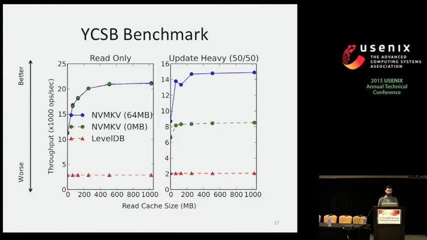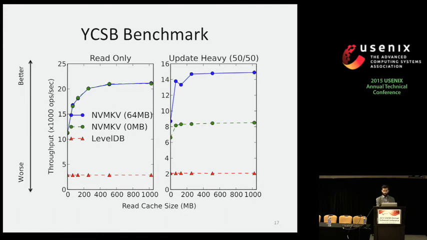So we also use YCSB to measure performance, and we have here two of the workloads that it provides. We have the read-only one and the heavy one that provides a mix of reads and writes, 50% each. And what we're looking at here is the throughput as a function of the size of the read cache.